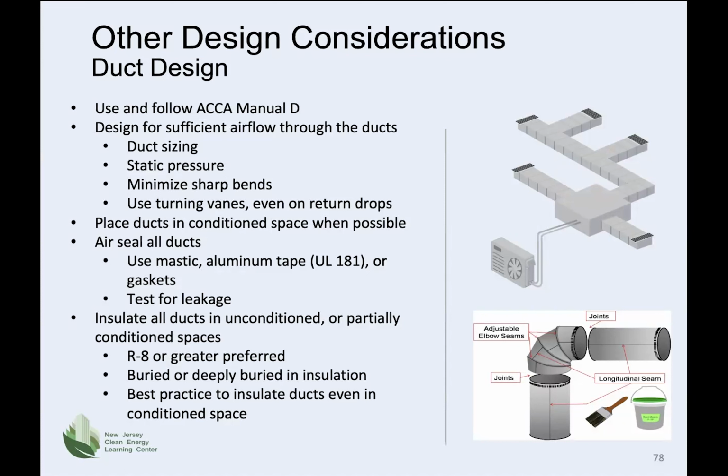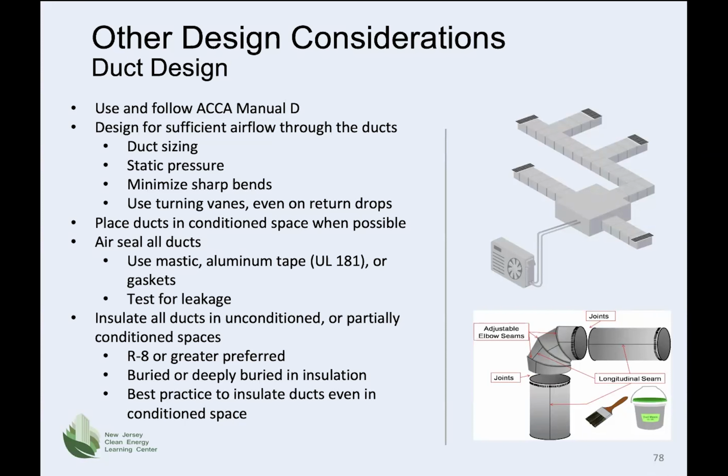And you need to be aware of what the static pressure is going to be, and you want to minimize the pressure drops, so you don't want to have sharp bends. And if you do, you want to use turning vanes, and even in your return ducting, you want to use vanes if you have sharp bends.